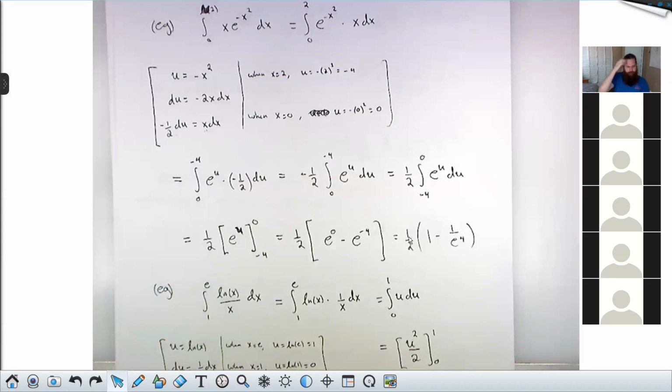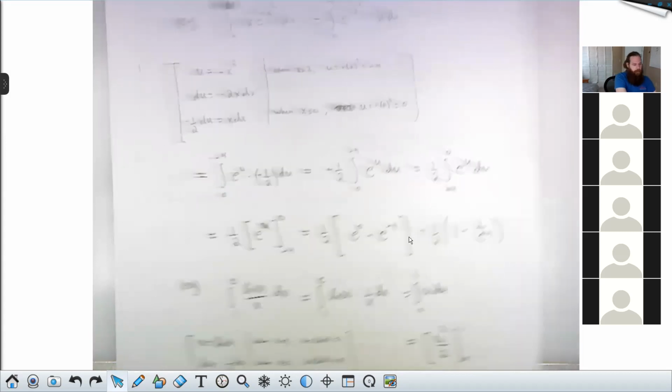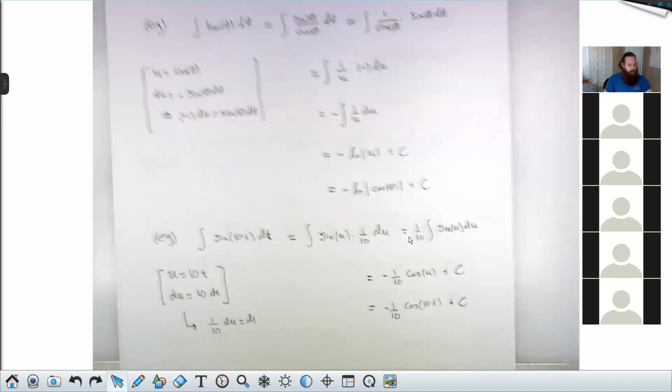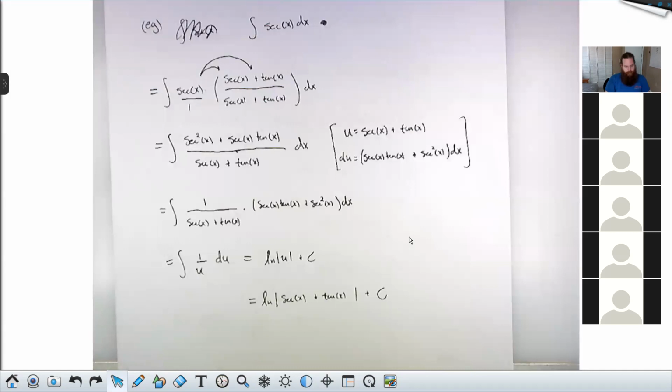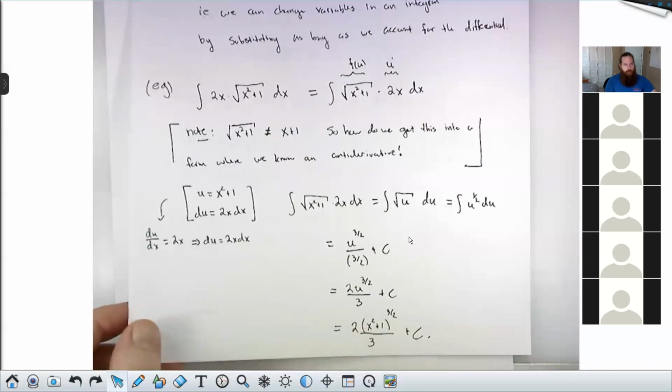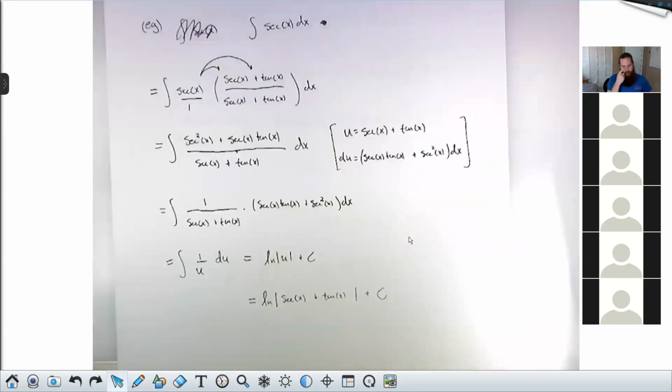But this last example here, this is definitely just fun challenging stuff. All right. This one at the bottom here would also be a good test level question. So that's substitution. None of it is out of control hard. But you do need to have perfect algebra and differentiation skills to get good at this.